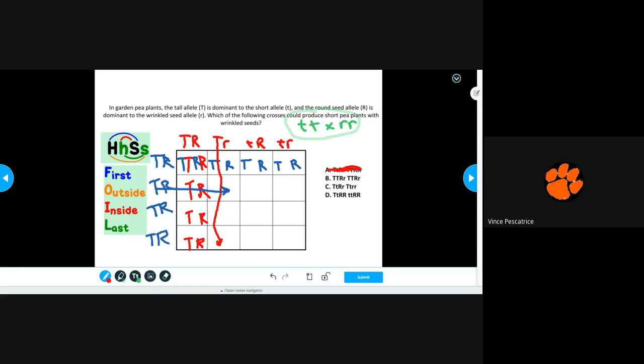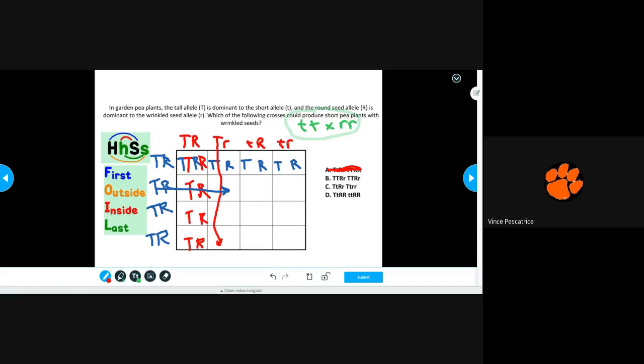All right, so if you look through, let's see if we can eliminate any of the other ones that would not give us a homozygous recessive pairing. So in B, for the T's, when you pair with the other T's, the only thing you can possibly have if you have 2 uppercase T's in each set is a homozygous dominant.